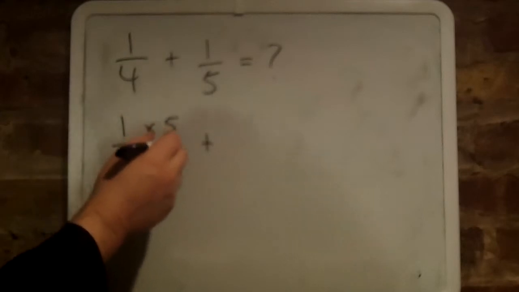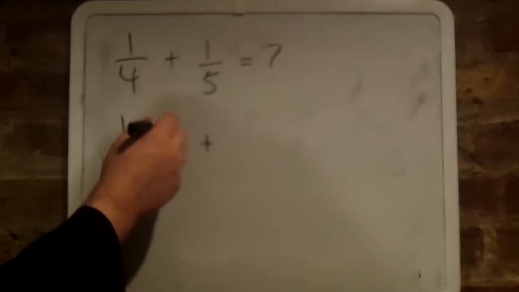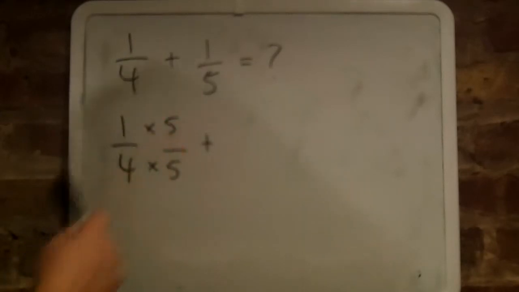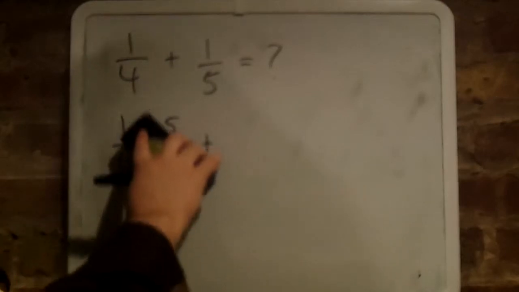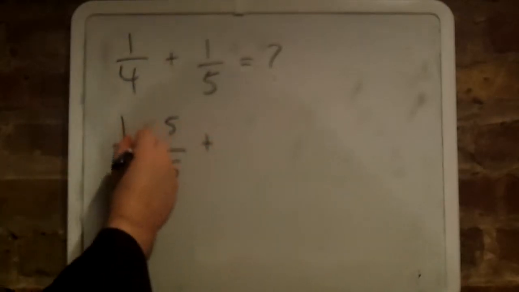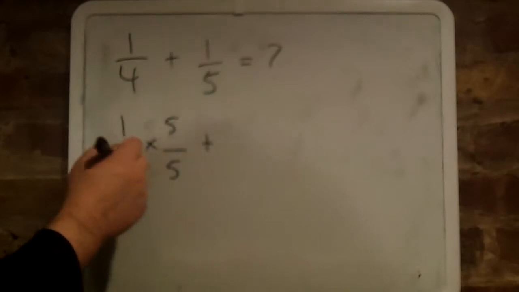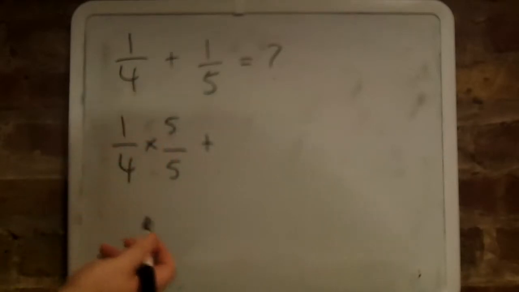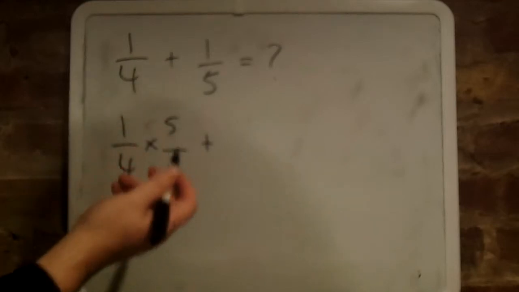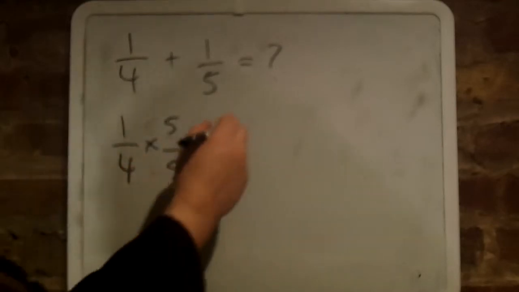We know already that 5 divided by 5 is 1. A number divided by itself is 1. So what I'm really doing here is multiplying 1/4 by 1. It's a legal move, it doesn't change anything.